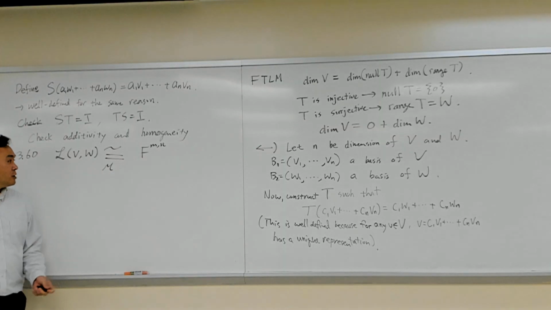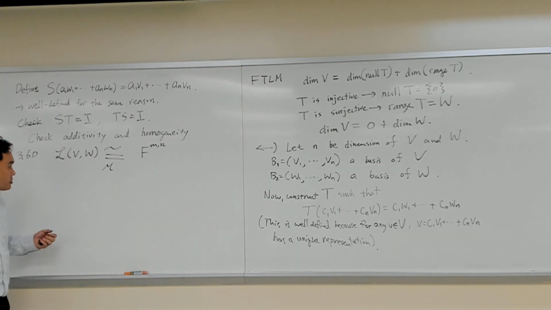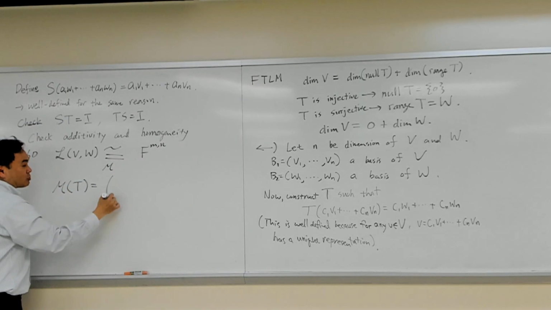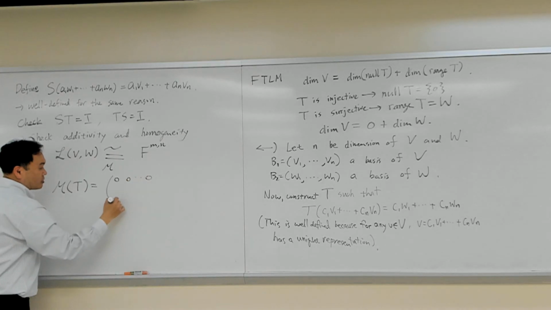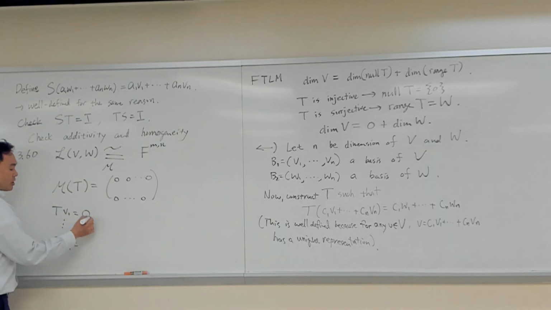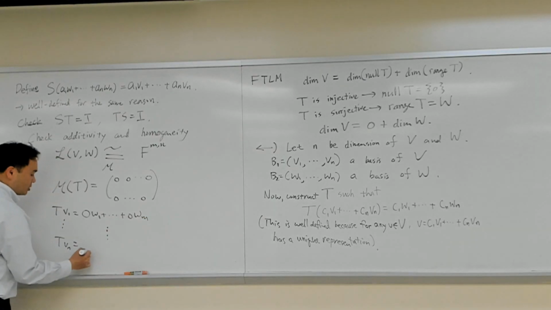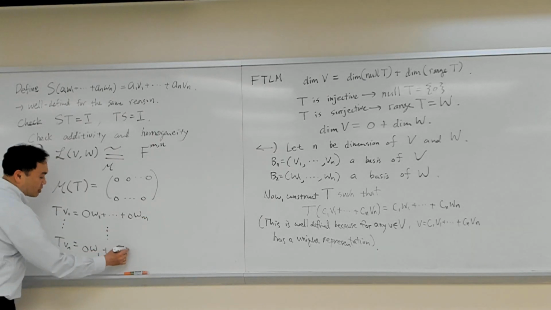Why is this injective? Well, if a matrix representation of a map here is the zero element, which means zero everywhere, then by definition T of V1 through T of Vn would be equal to 0 times W1 plus and so on up to 0 times Wm.